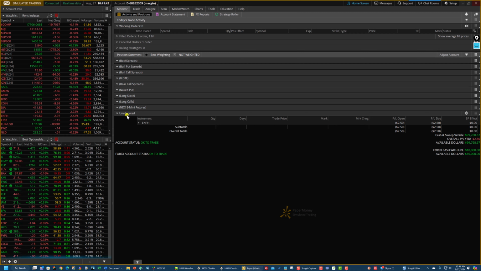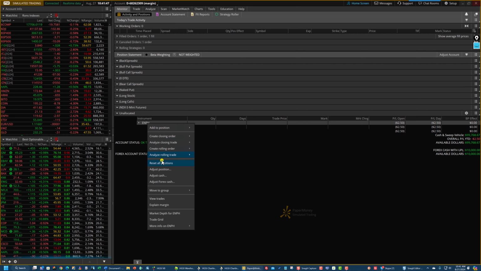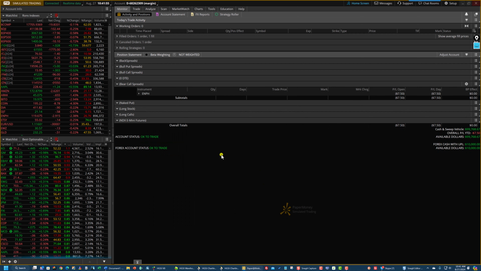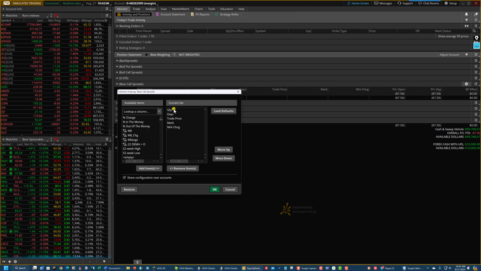So right here's my instrument, unallocated, and I've built these groups. I'm going to move to the group and put it in here, and right here I have some fields. And what I want to do is I'm going to open this, and this is all I have in here right now. Quantity, days, trade price, mark.